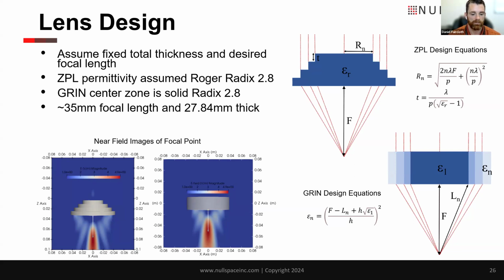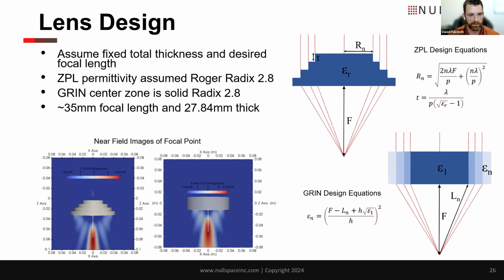And we know we want to print these on Fortify's printers, and there is some manufacturing guidance about the choices of available permittivity ranges given a choice of material like the Radix 2.8.